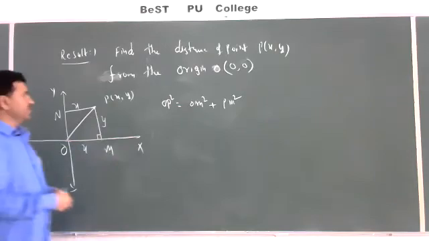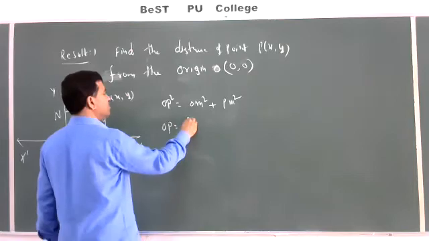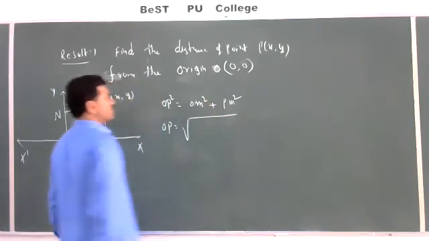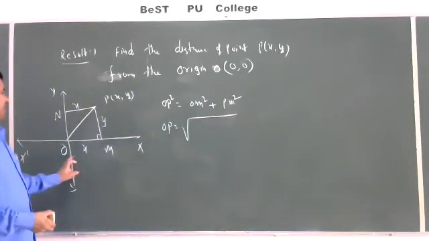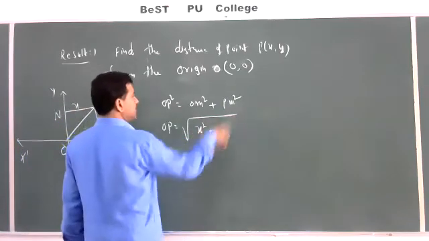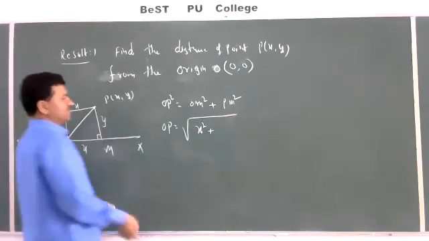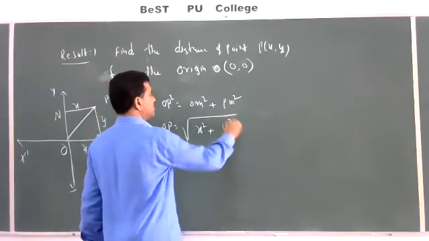So we require this OP value. So OP is equal to the square root of OM square, what is the OM value? From the diagram, that is x square, plus PM distance, y square. This is the formula.